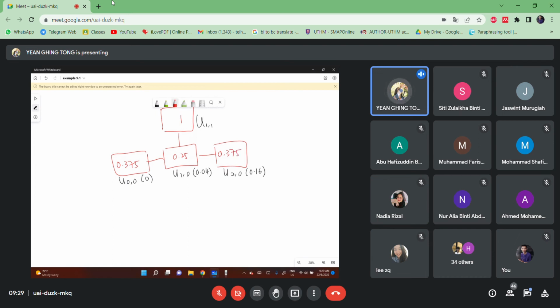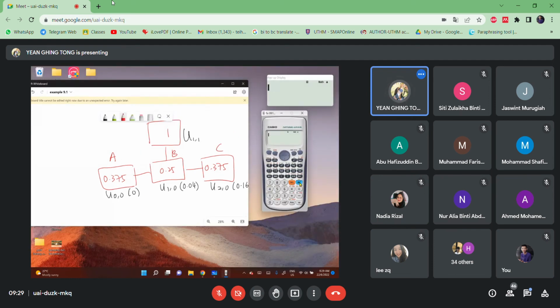So just now I said we put A, B, C in order for us to do calculations. So now I will key in the formula. I will put the formula 0.375 alpha A, okay, plus with 0.25 alpha B, and then plus 0.375 alpha C. Okay, then I press calculate.